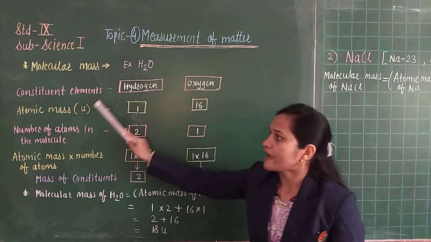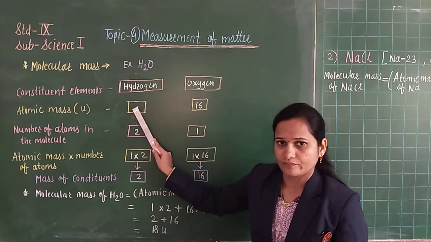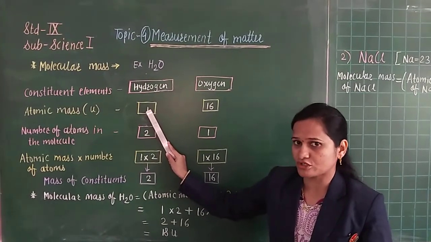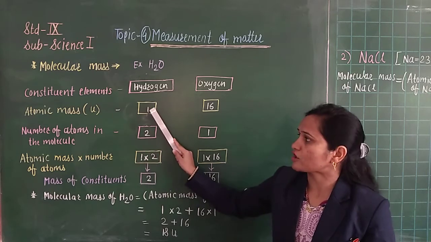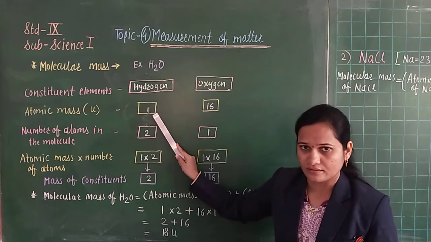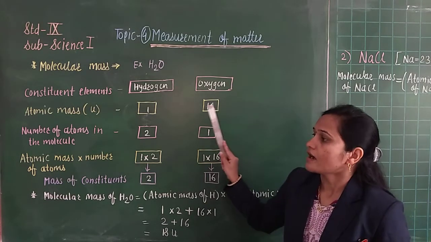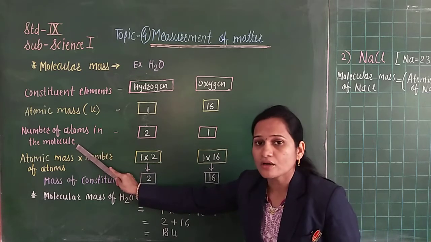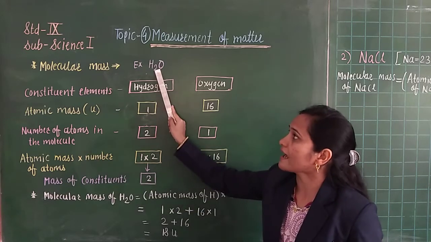After that we have to write the atomic mass of that element. Already while studying the law of constant proportion, we have seen that each and every element has its proper atomic mass. So the atomic mass of hydrogen is 1 and the atomic mass of oxygen is 16. After that we have to write the number of atoms in the molecule, meaning how many atoms are present.